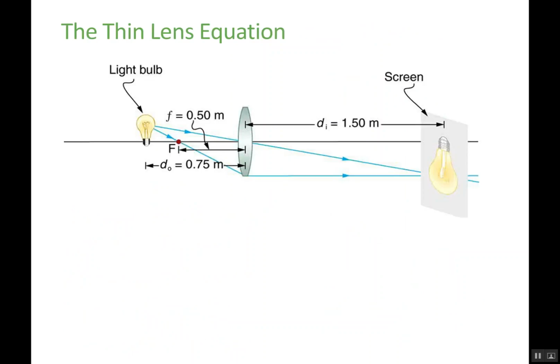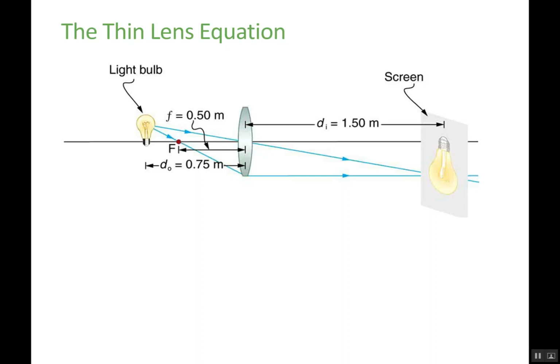So ray diagrams allow us to qualitatively study the relationship between objects and the images that are formed from those objects when light from those objects passes through a lens. Qualitative pictures are great for helping us understand what's going on, but it would be really great if we had a quantitative tool that relates the various parameters that we see in the ray diagram, namely the focal length, f, the object distance, DO, and the image distance, DI.